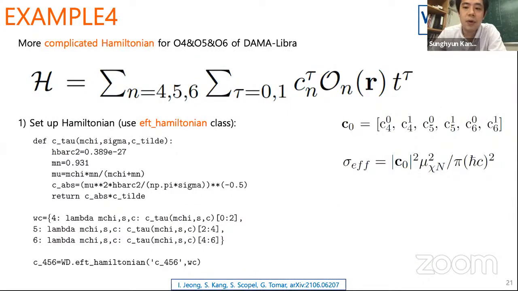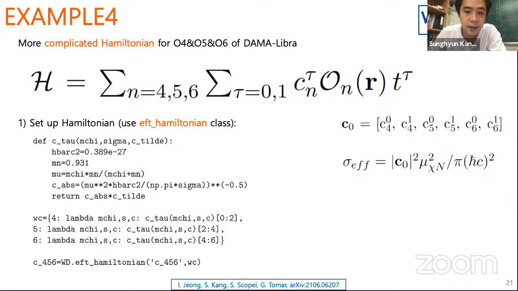WimPyDD can handle more complicated Hamiltonians, such as 04, 5, and 6. This Hamiltonian is in terms of 8 parameters: m chi, sigma, delta, and this C0 vector. This C0 coupling vector can be expressed in terms of an effective cross-section, parameterizing the coupling's intensity, sigma f.